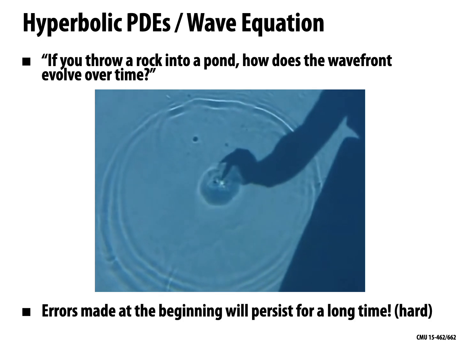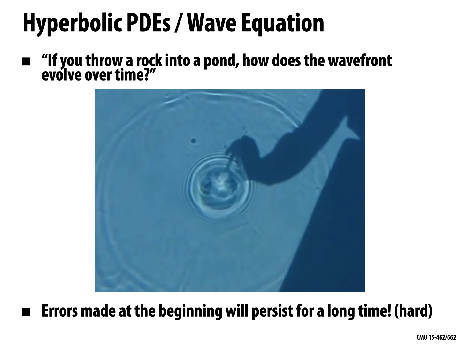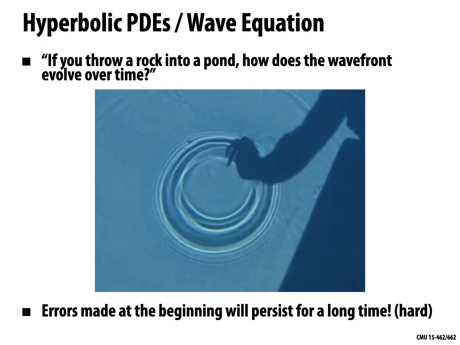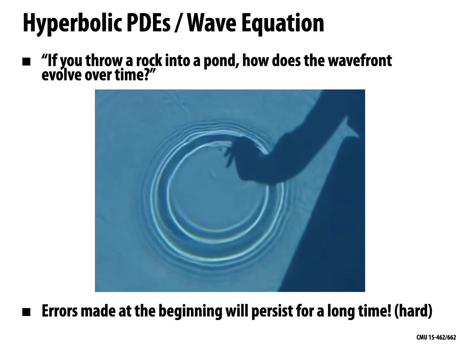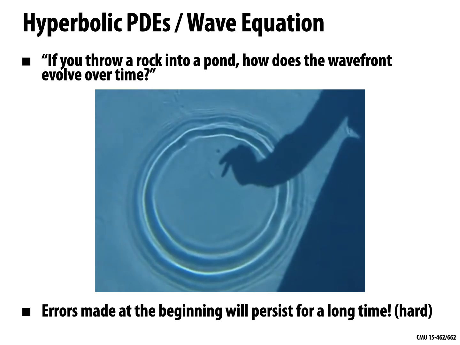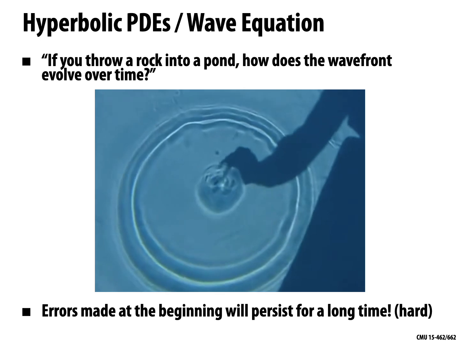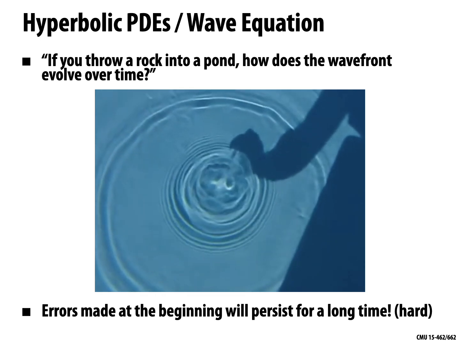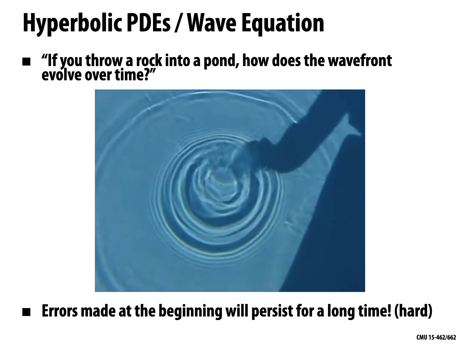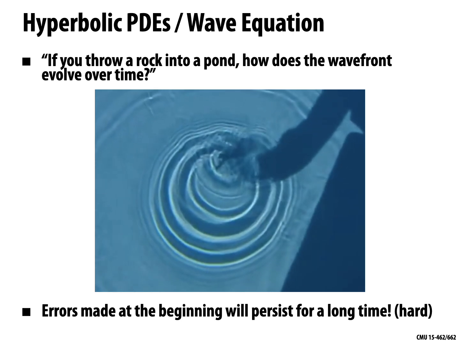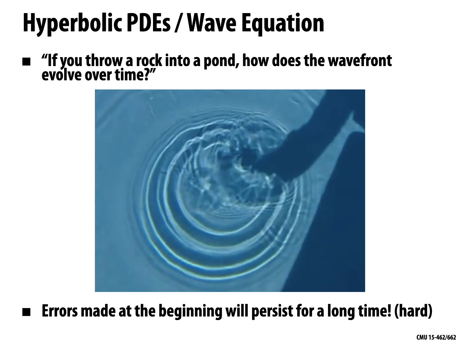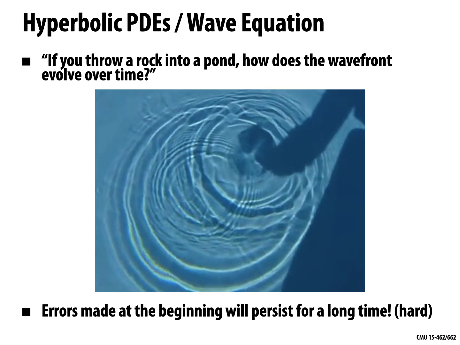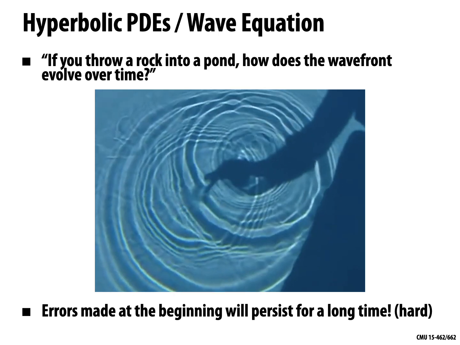Well, one thing you notice, even from looking at this movie of a real swimming pool, is that little bumps in the surface kind of get carried along the wave for a long, long time. And so what that means is if you make any kind of numerical error when you're solving the wave equation, those errors also will be propagated in kind of a nasty way forward through time. Okay, so that's kind of one intuitive reason why wave-like equations might be a bit harder to solve.